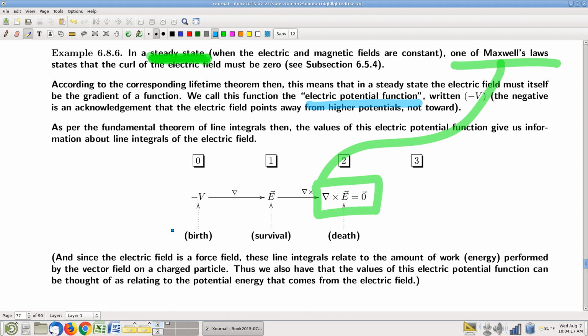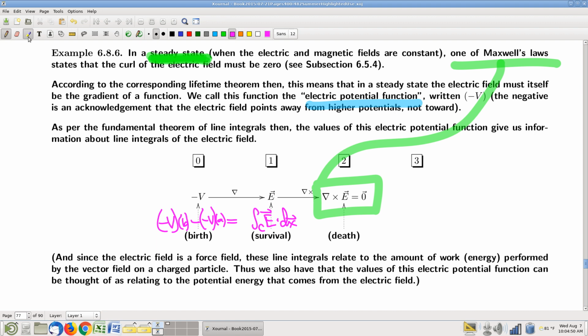As follows, let's write down what the fundamental theorem of line integrals says about this statement here. Line integrals of the electric field, right, equals f of b minus f of a, so potential at b minus potential at a.